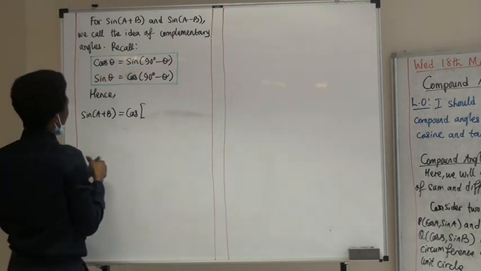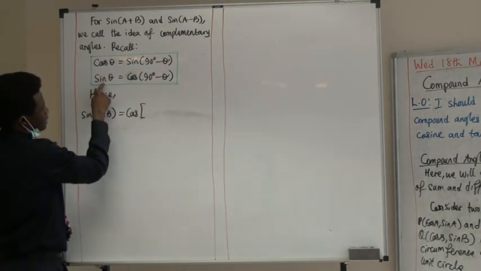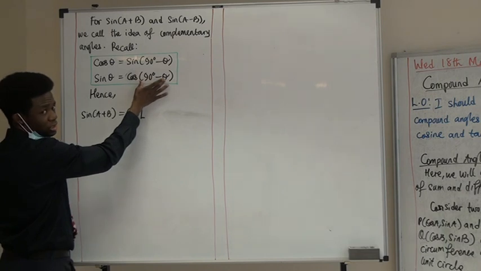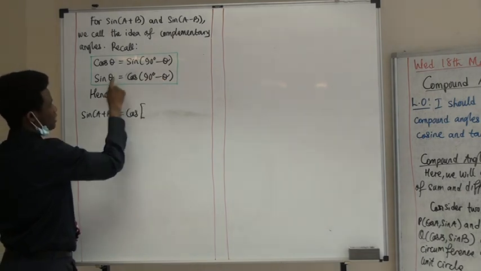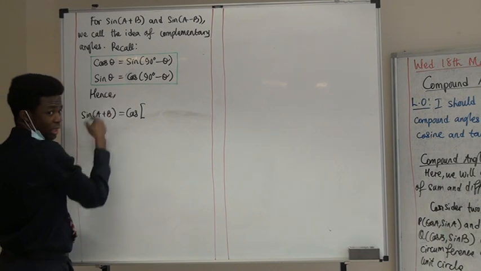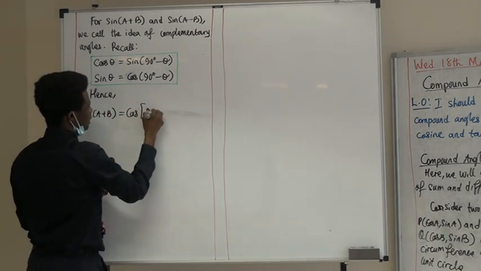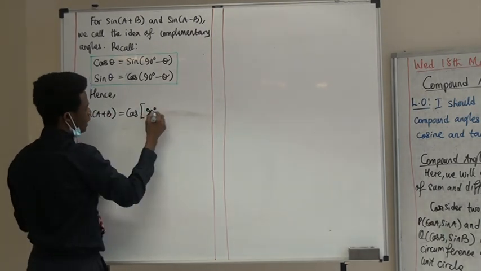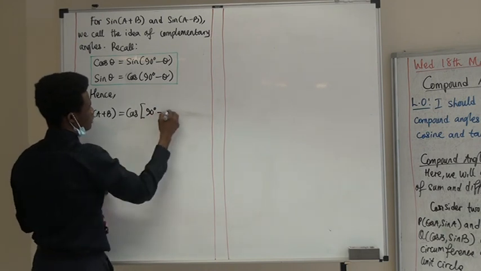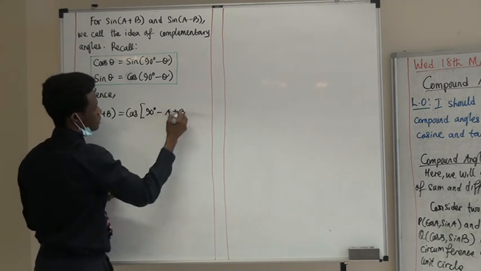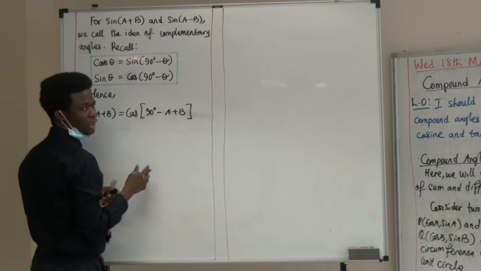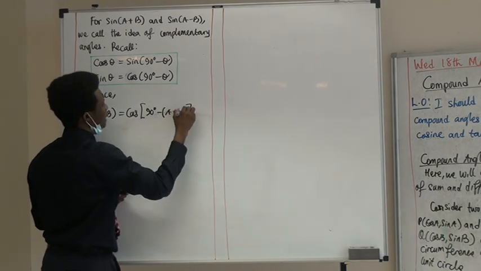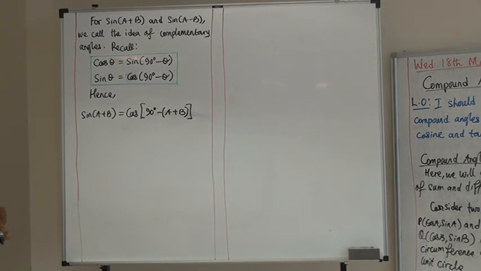So from here, if I want sine, then I need to use this. So it's going to be 90 minus what I want. So this would be 90 minus A minus B, with brackets, like this.